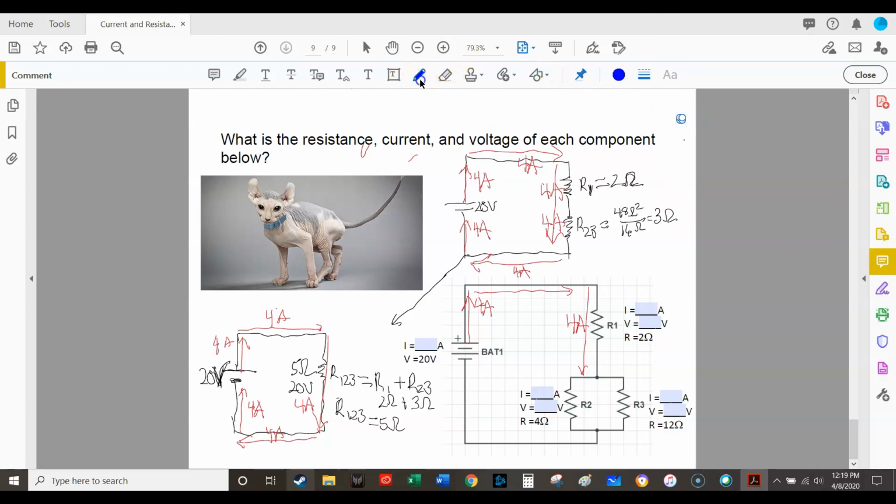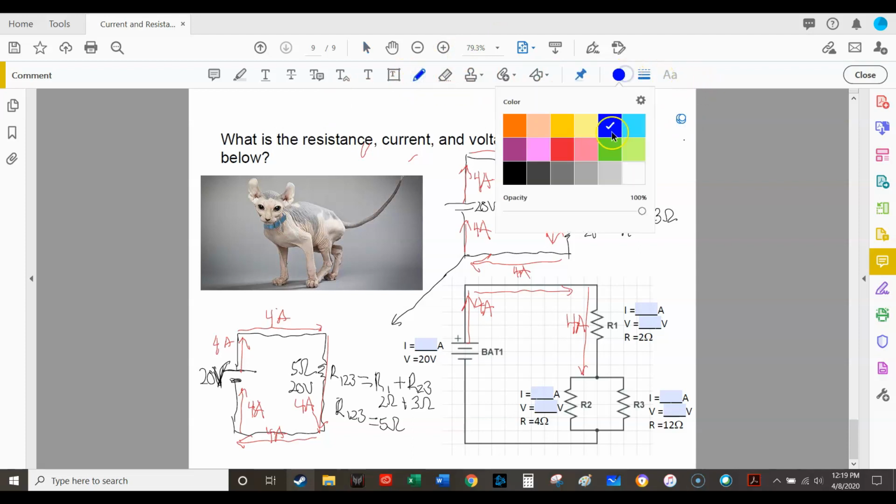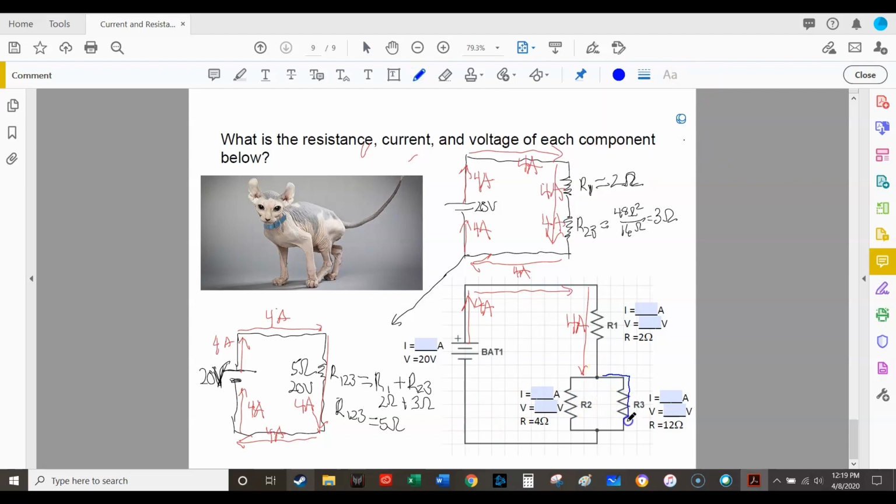So now I'm going to use a different color. Blue is going to the right, down through R3, and the other through R2. It then is going to combine.